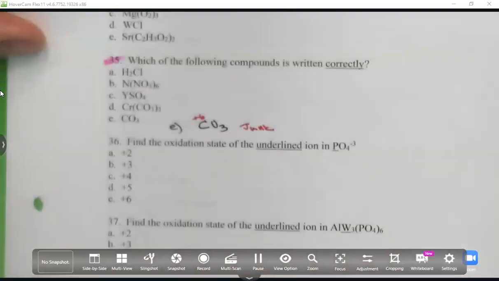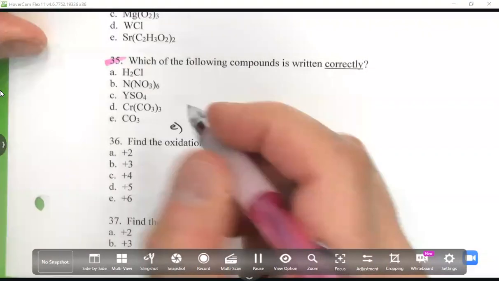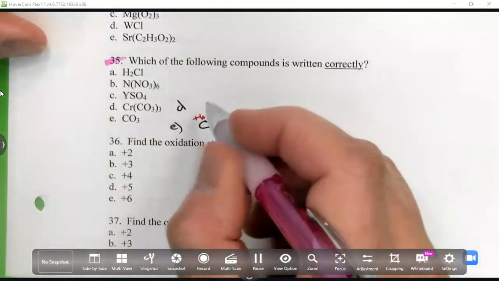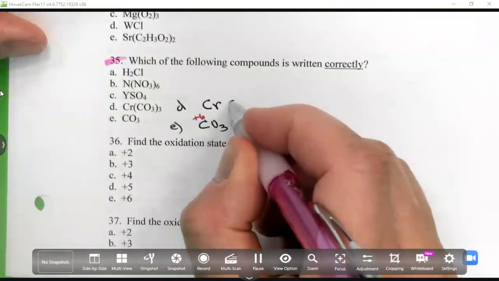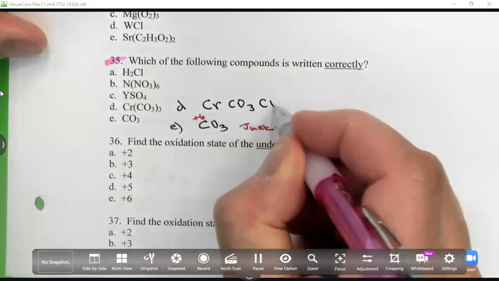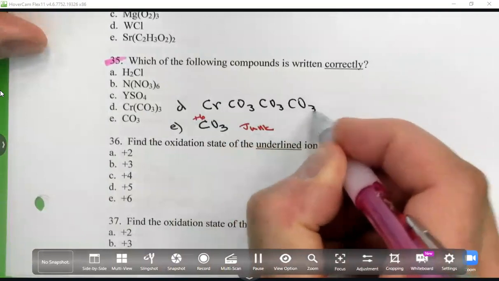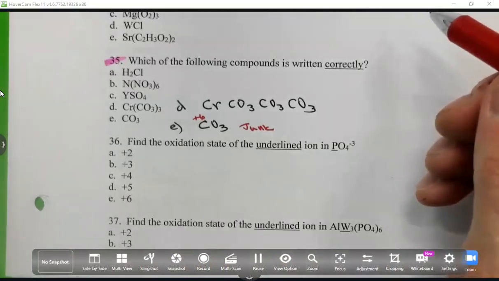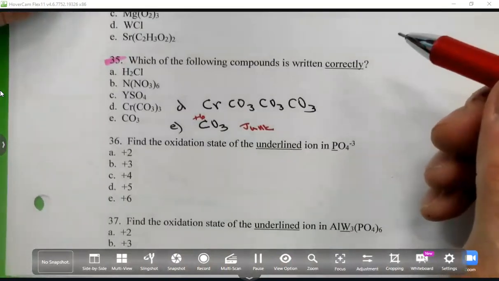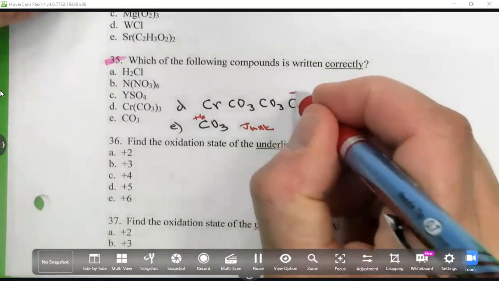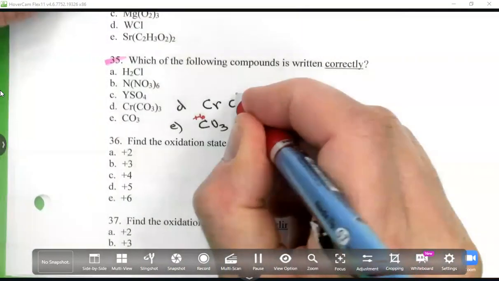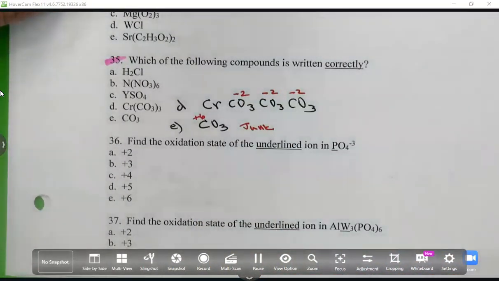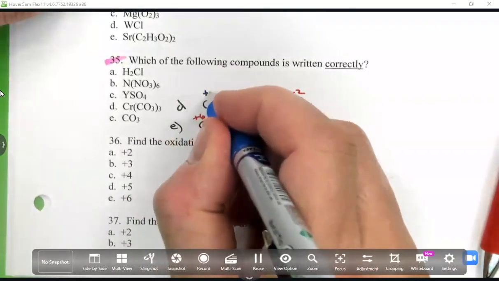Letter D. In letter D, we would have chromium with 3 carbonates. And what is the charge of carbonate? -2, -2, -2, right? So this gives us a chromium +6.